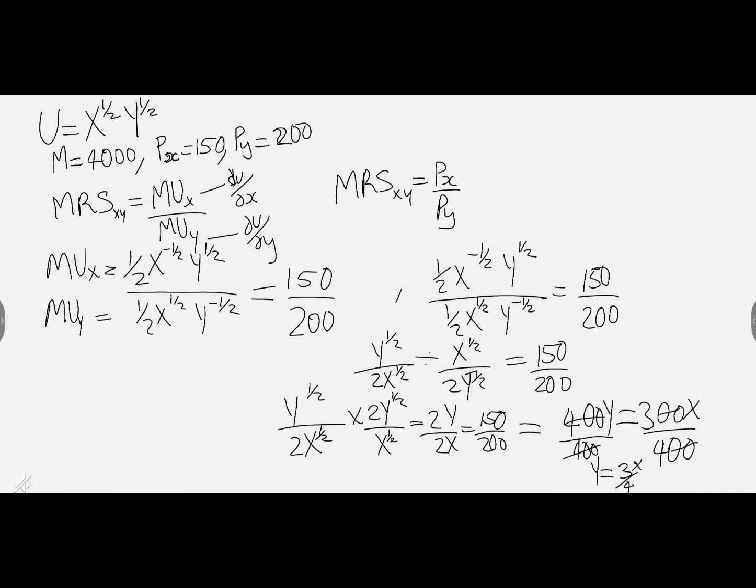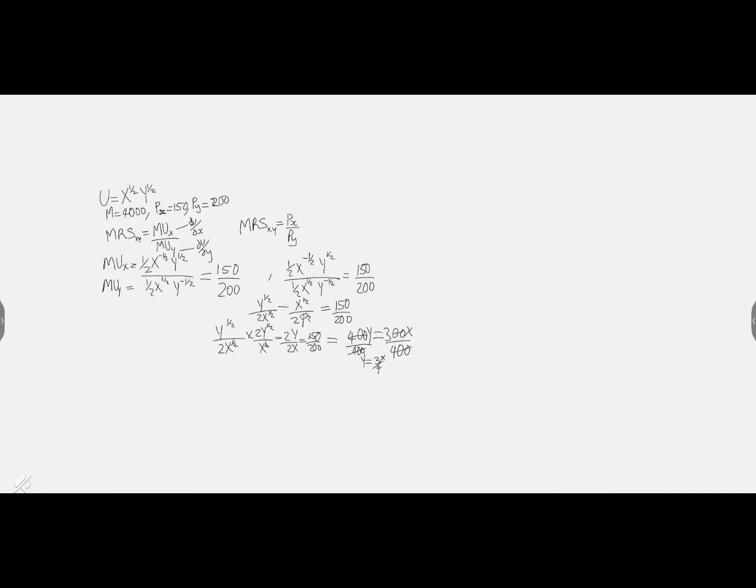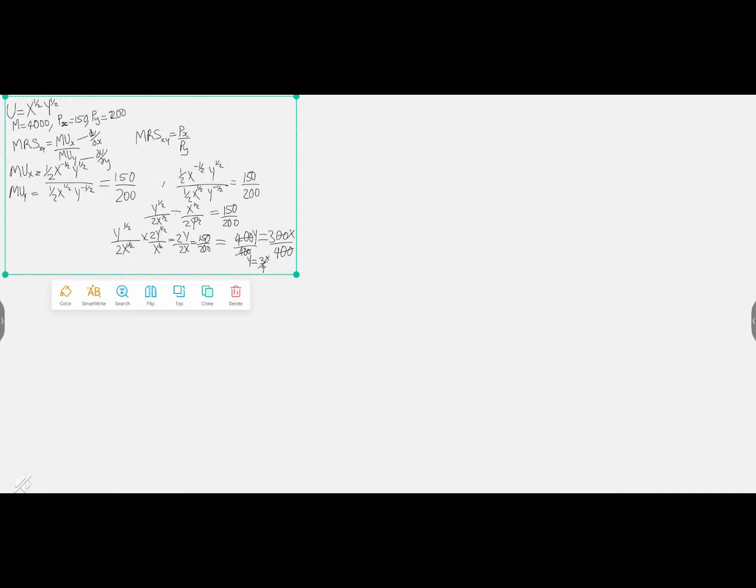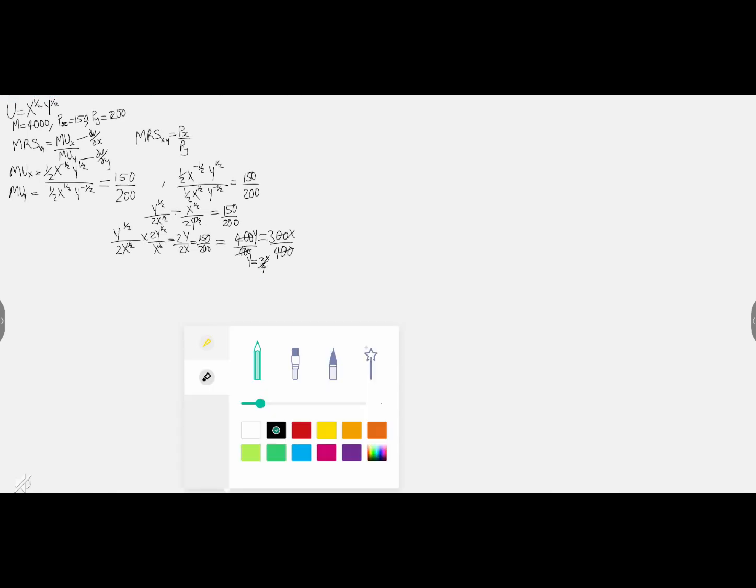So we can see that this is a simpler method than the Lagrangian function. So Y is equal to 3 over 4X.